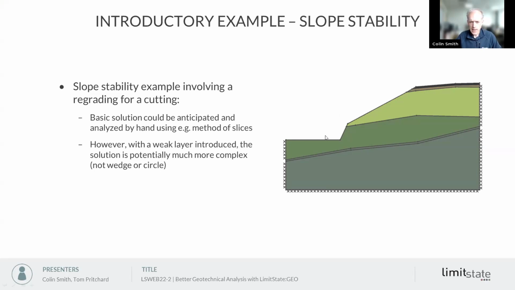And we might be able to analyze that by hand or by using, for example, a method of slices. However, in this particular problem, there is a potential complexity in that this layer, the thin layer indicated here, is weak, and therefore that would introduce a much more complicated failure mechanism, which is unlikely to be a simple wedge or a circle.